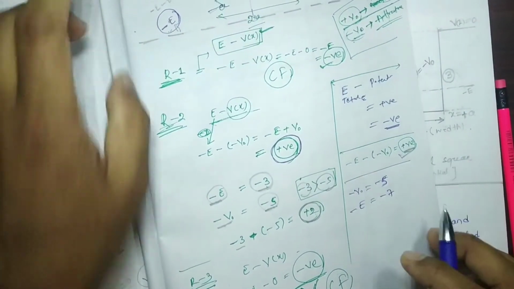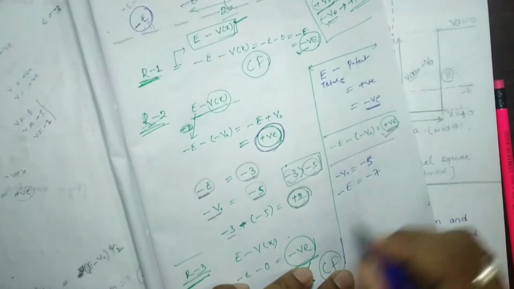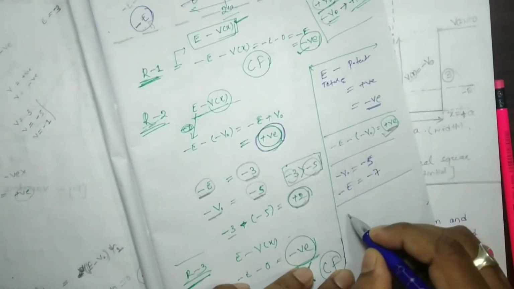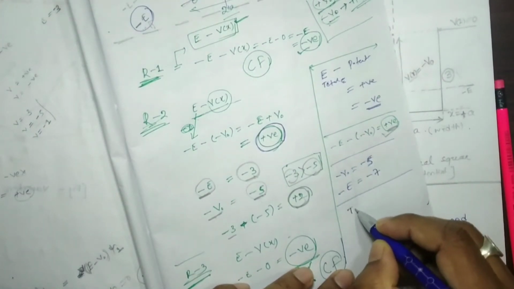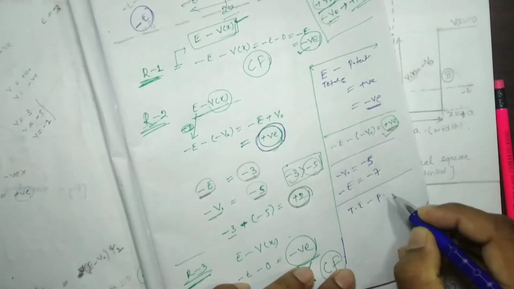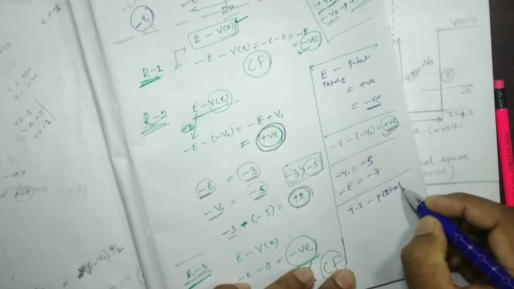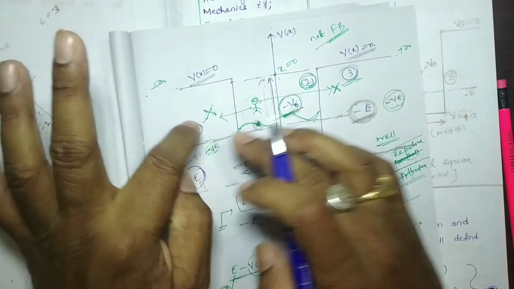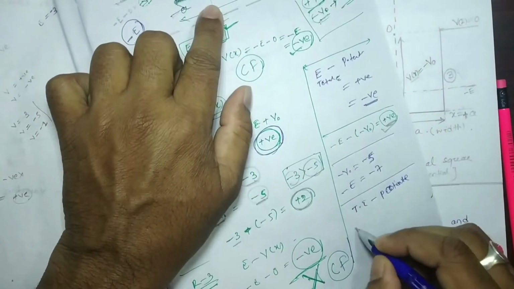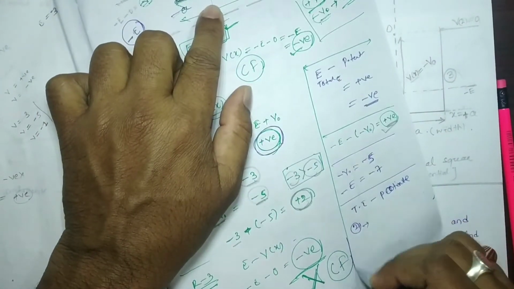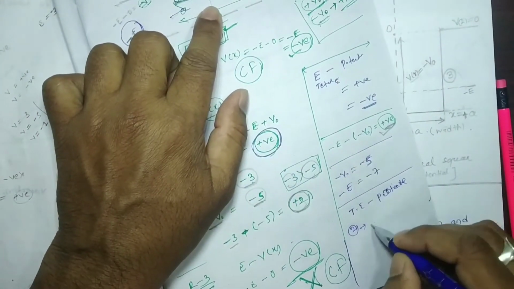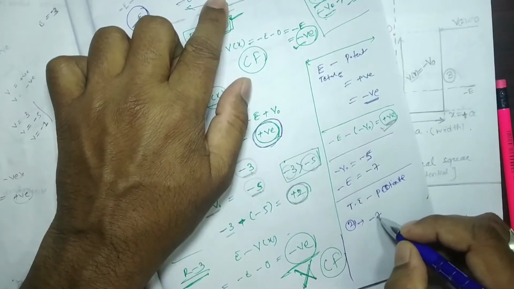So now you can see here we are going to subtract the potential from the total energy for this region, this region and this region. First, region 2: for region 2, total energy is how much? Minus 7, we consider with an example.